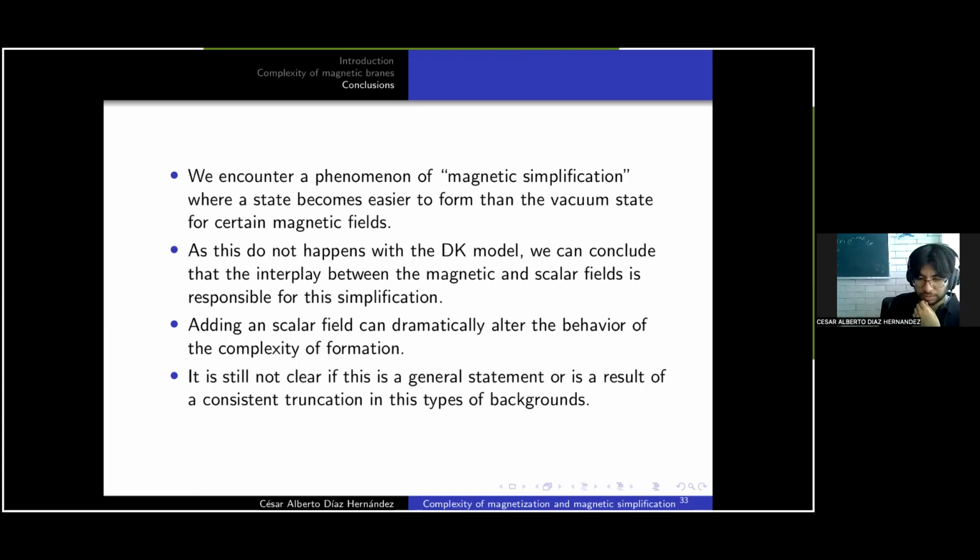As I told you, the complexity is not uniquely defined. We could find another reason to change the dual complexity or to change how we compute it in the full 10-dimensional background. So there is still some work to do here, but everything seems to imply that.